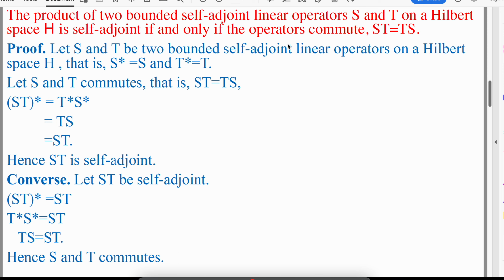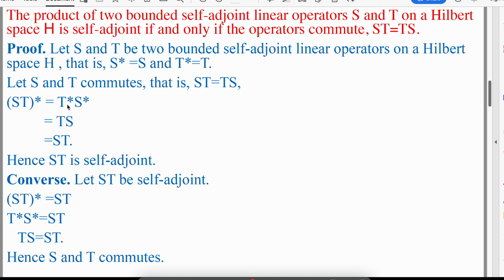First of all, assume that S and T are self-adjoint operators on Hilbert space H, it means S star is equal to S and T star equal to T. Suppose S and T commute, means ST is equal to TS. Then (ST) star is equal to T star S star.